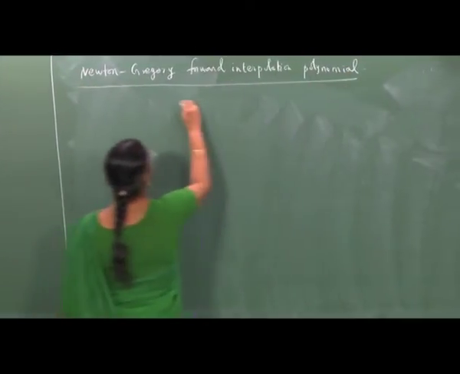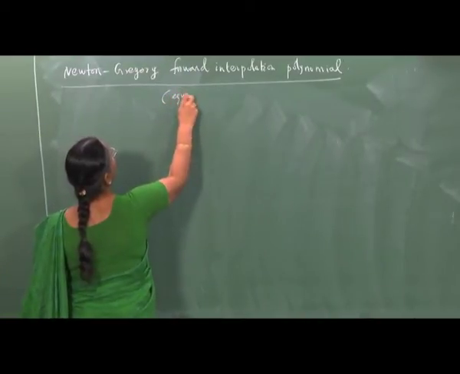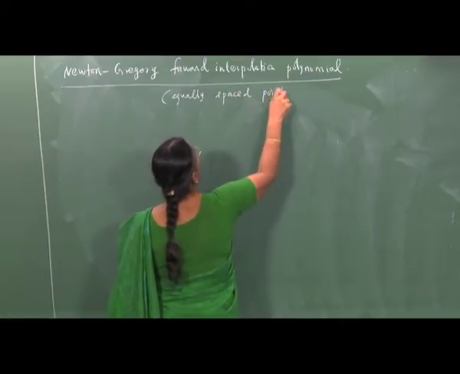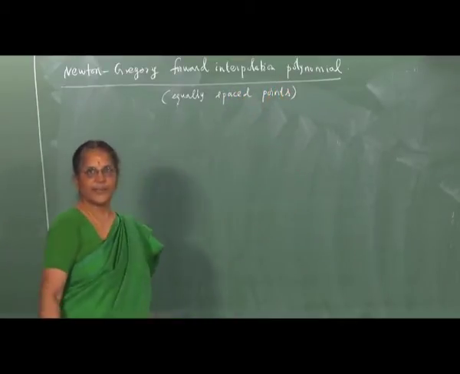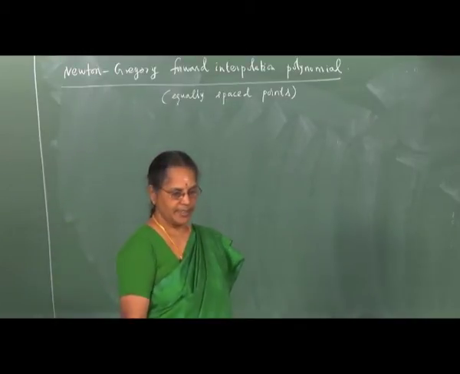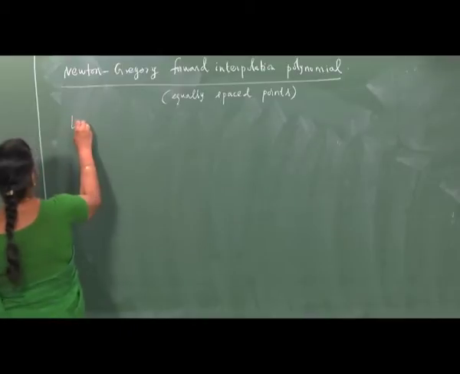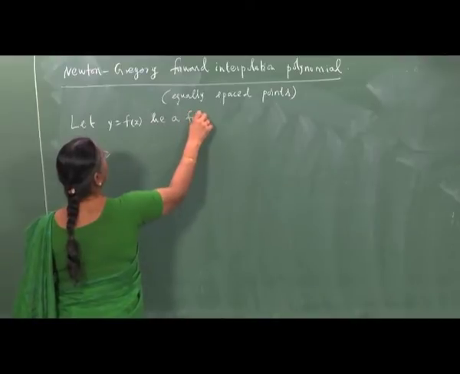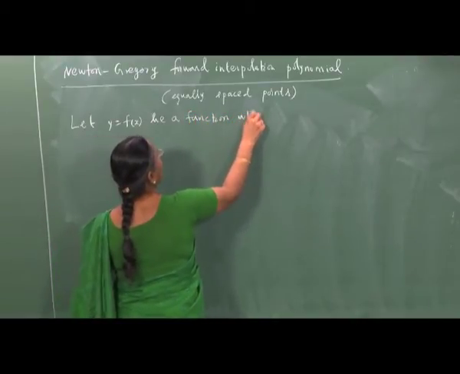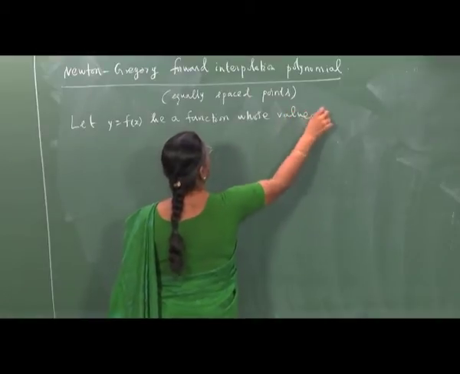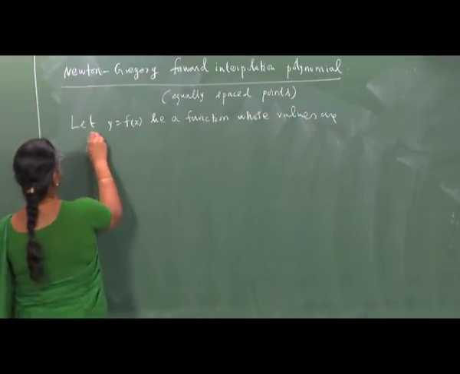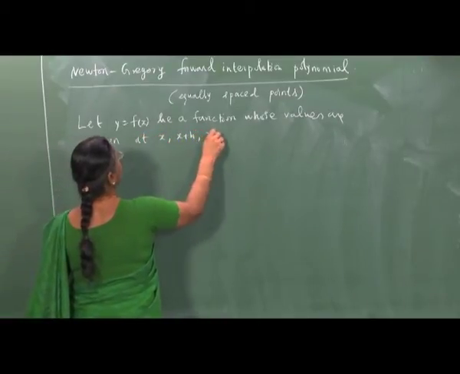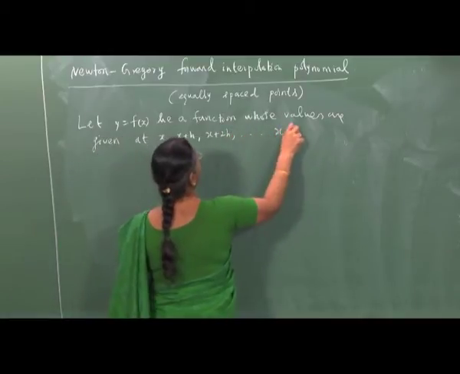So, our derivation is for a set of equally spaced points at which the function values are specified in the form of a table. So, let y is equal to f of x be a function whose values are given at x, x plus h, x plus 2h, etc., x plus nh.